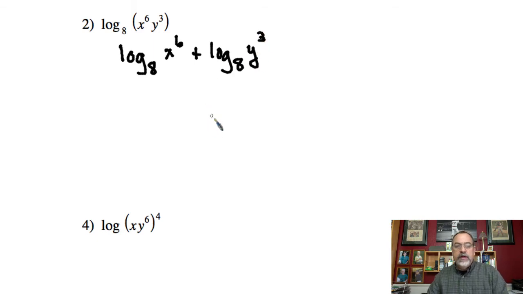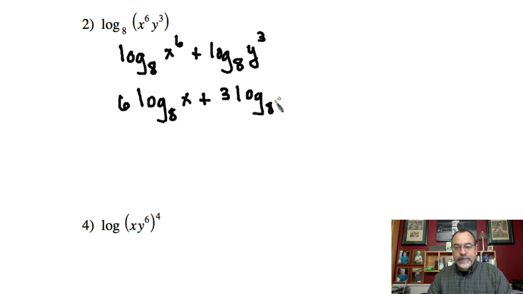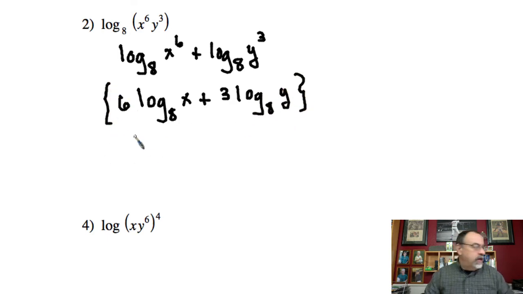Because those are being multiplied together, we add, and then we have this log base 8 of x, which is an exponent raised to another exponent, so the 6 can be moved out in front, log base 8 of x, and then this exponent can also be moved out in front, and so this would be the expanded form. Okay, I'm going to check my answer. I have the answers over here in another computer, so I'm just going to double check those and make sure I have those right. And we do. Alright, so we'll go to our next example.